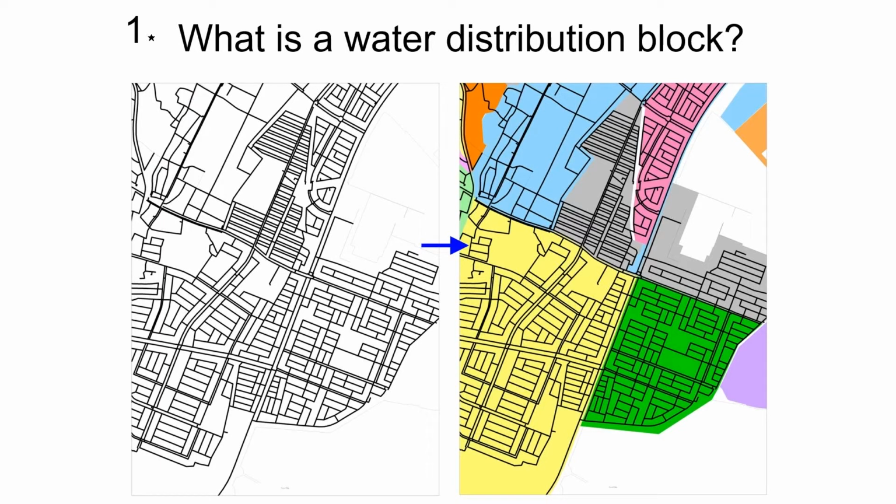Third, it enables water pressure management per block. Achieving proper water pressure for each block helps reduce water leak. As you will see, creating distribution blocks has facilitated many areas of our work.